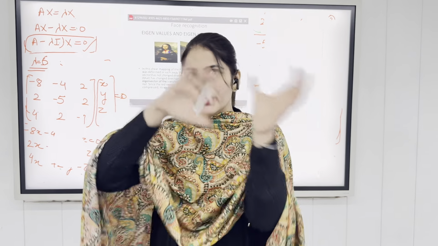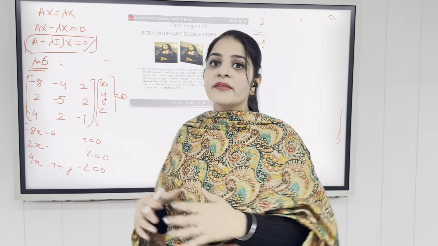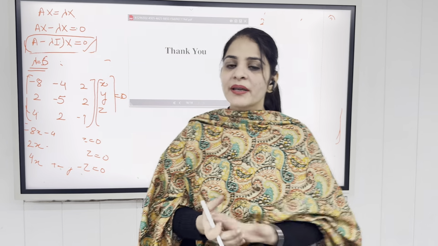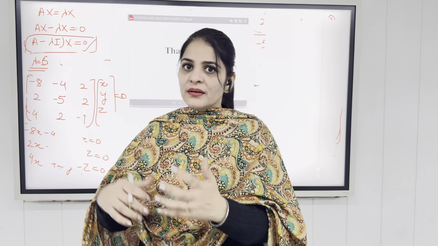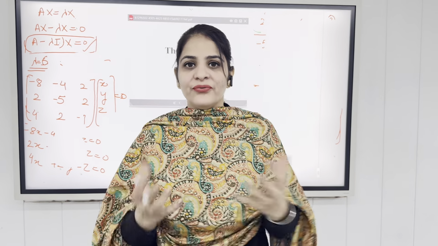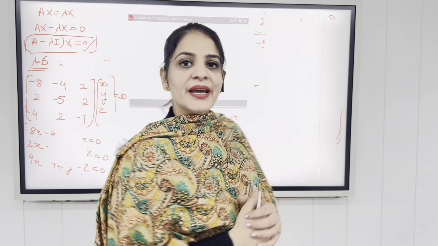The bend in the bridges can be studied by eigenvectors. There are more applications in real life which I have not mentioned here. So this is the brief of eigenvalue and eigenvector. Thank you very much.